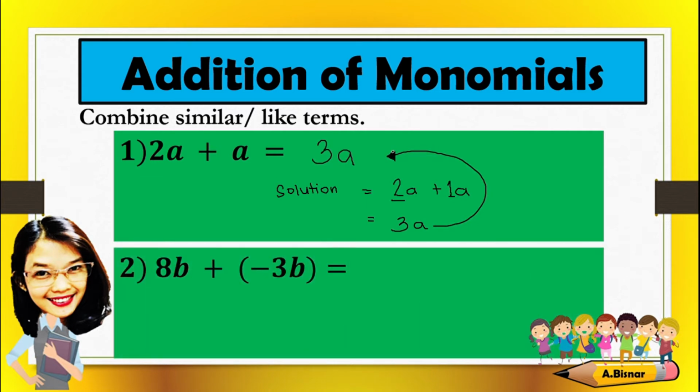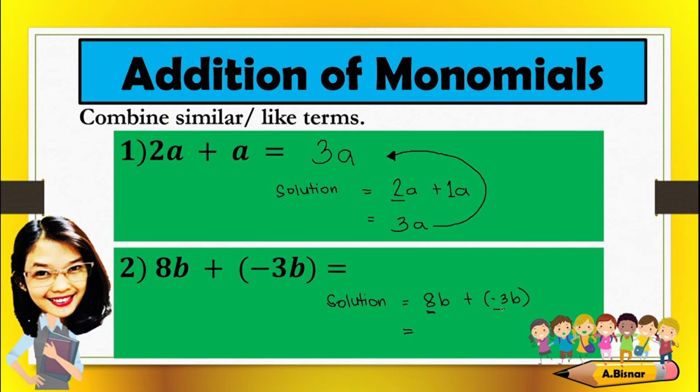Another, 8b plus negative 3b. So, we have to use what we have studied about integers. Again, we're going to add the numerical coefficient.